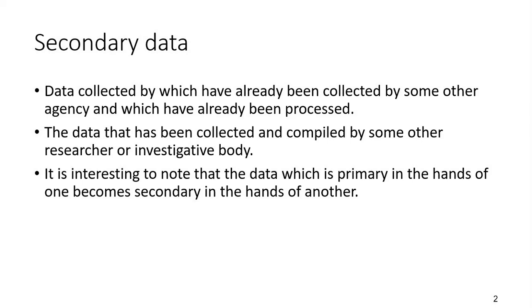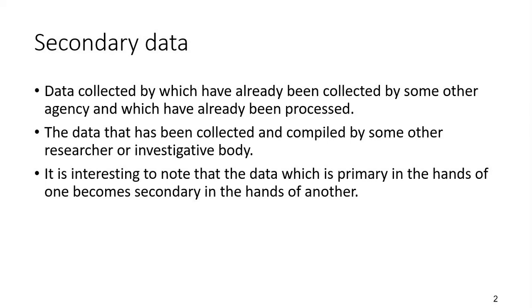Okay, now another simple example. Often you find that research is going on in the universities, and a university researcher might have collected some information, working hours in the laboratory, and then recorded it. Now, someone else comes and takes the data and refers to that particular data.